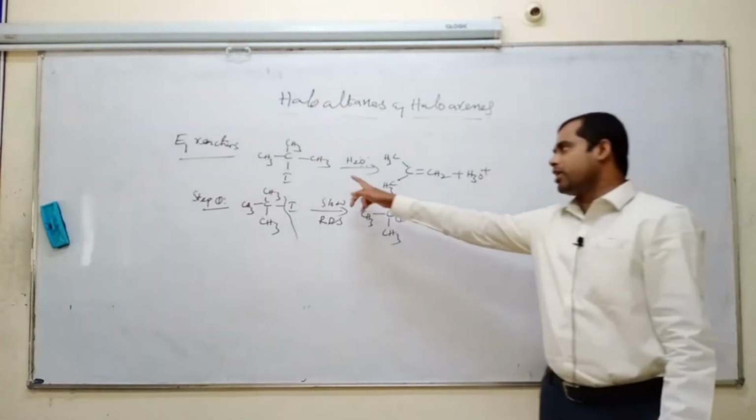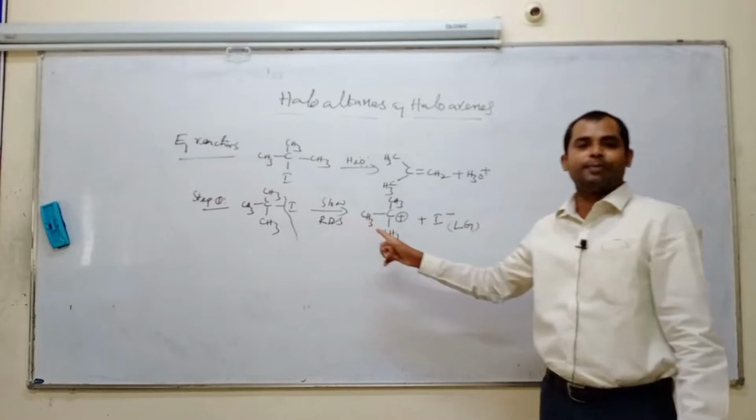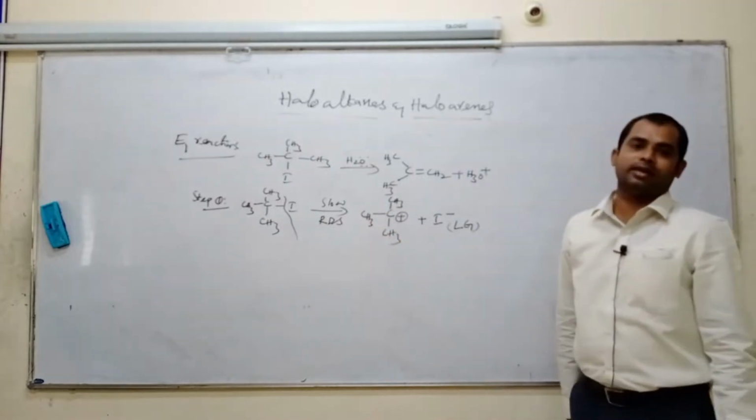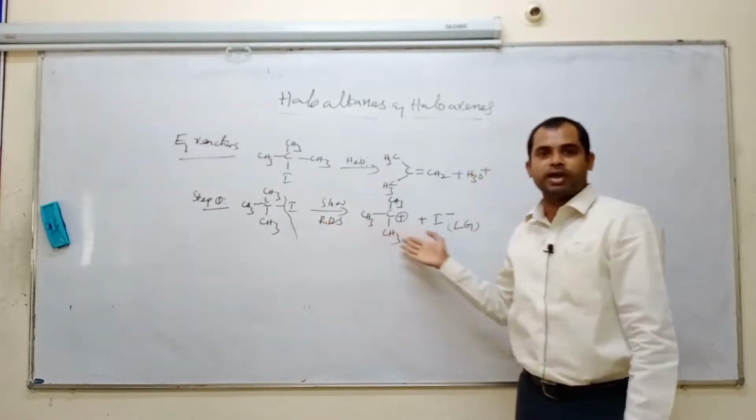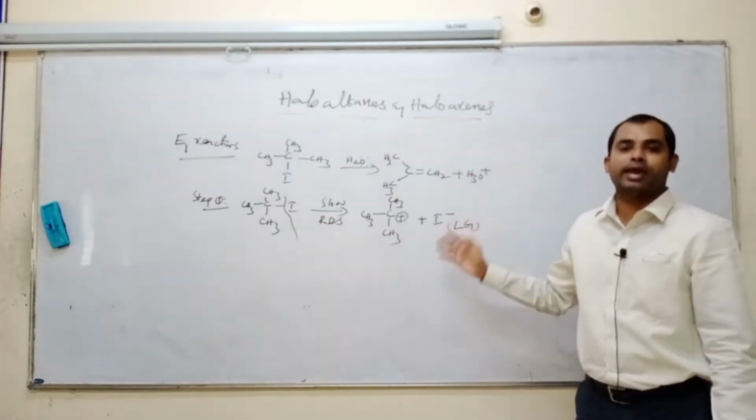That means in the E1 reaction, in step 1, slow ionization and bond breaking take place to form the carbocation.